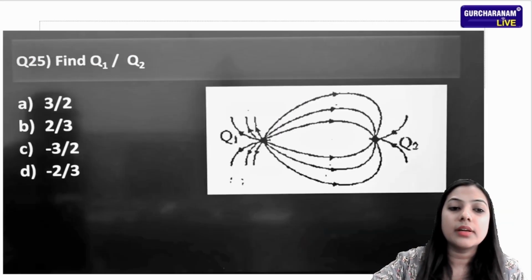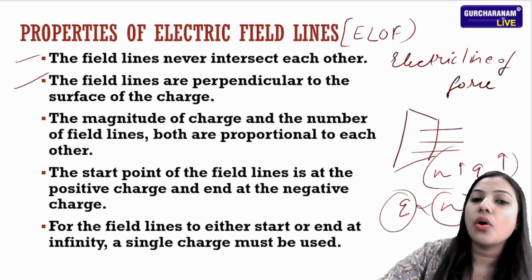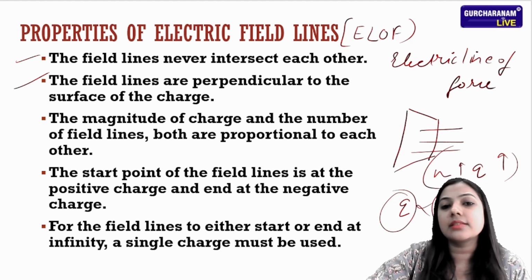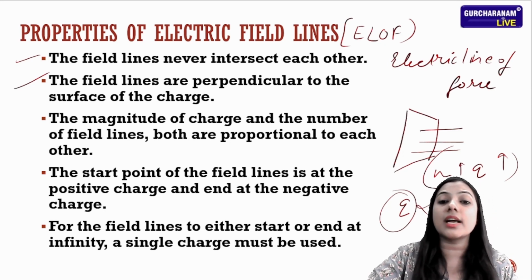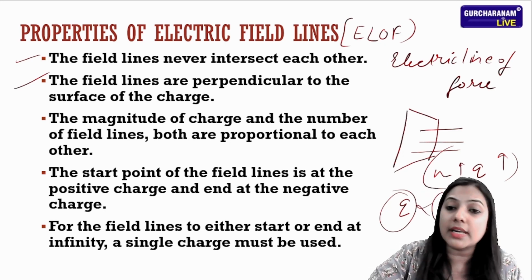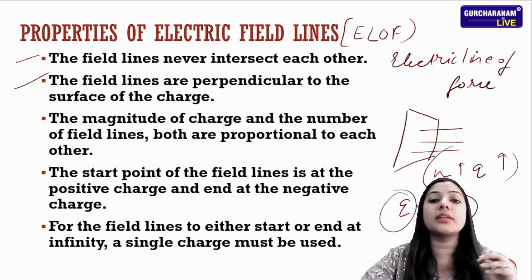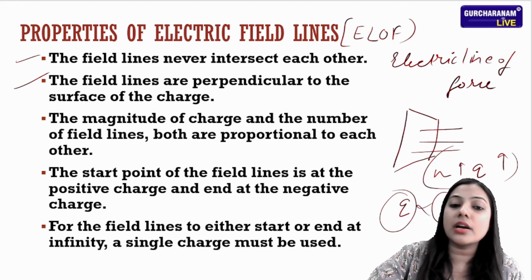So I hope the electric field lines are clear. What are electric field lines or electric lines of force? The field lines never intersect each other. The field lines are perpendicular to the surface of the charge. The magnitude of charge and the number of field lines are proportional to each other. The start point of a field line is at the positive charge and the end point is at the negative charge.